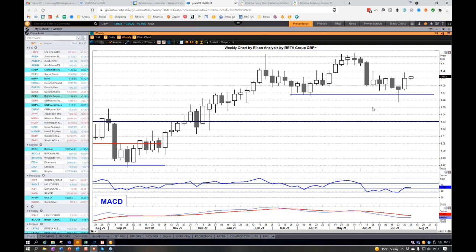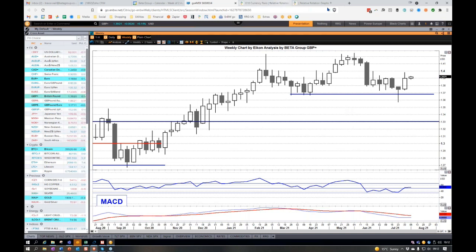So at the moment, I think we are in a range. We're in the middle point of the range. The RSI is around 50, right in neutral. And during this week, it's probably going to churn around more inside that range.